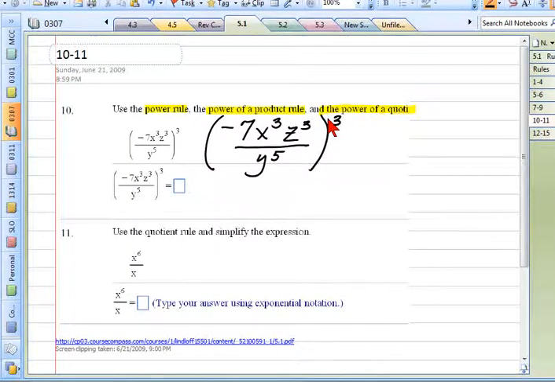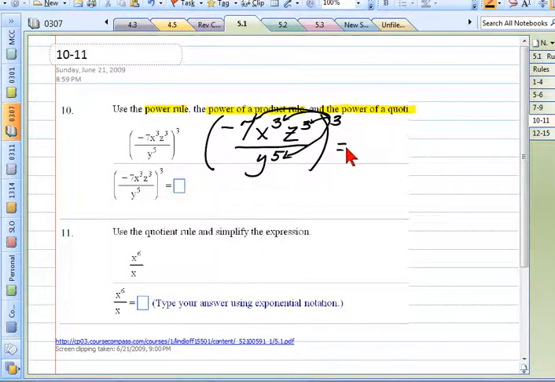This is really going to let us know if we've got the power rule. It's going to have power of a product and power of a quotient. The 3 is going to affect every one of these factors, top and bottom. And notice that the negative 7 is in the parentheses.